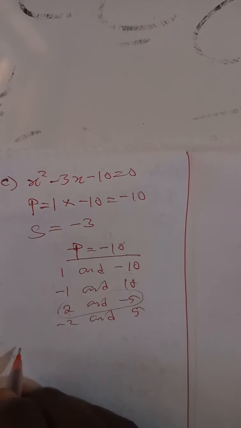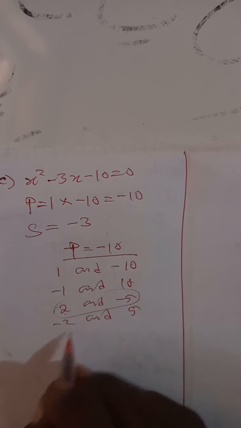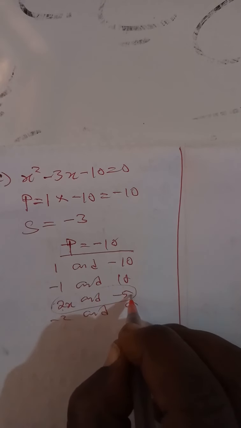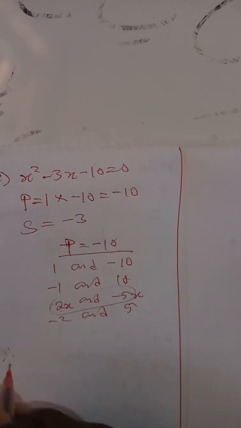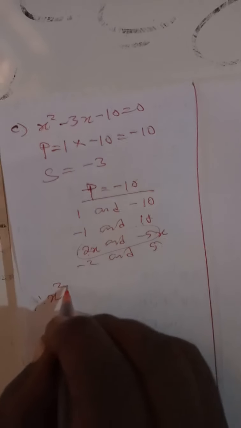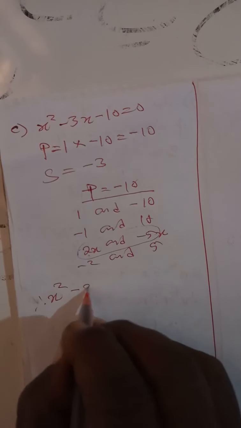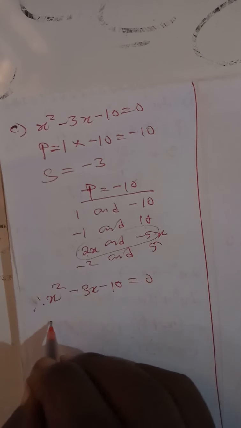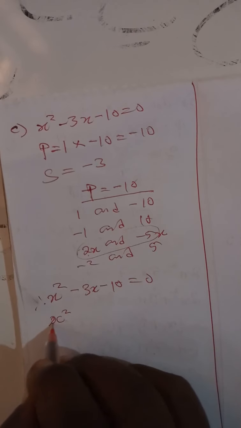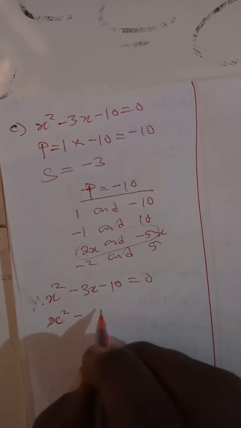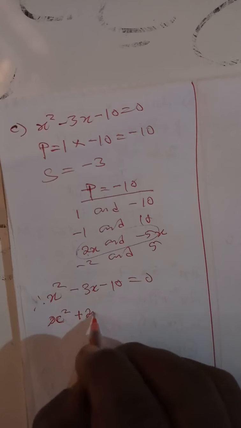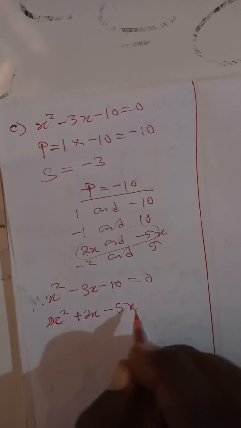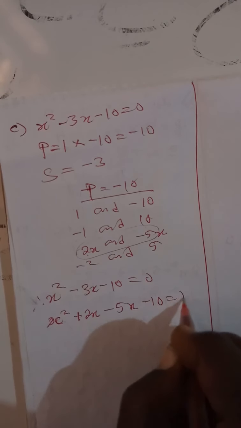Okay, so the factors we're dealing with are 2x and minus 5x. So I can now write it. x squared minus 3x minus 10 is equal to 0. And so x squared plus 2x minus 5x minus 10 is equal to 0.